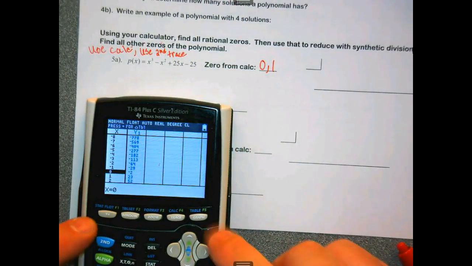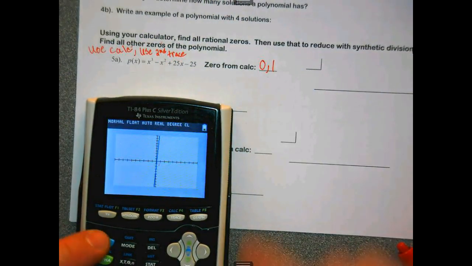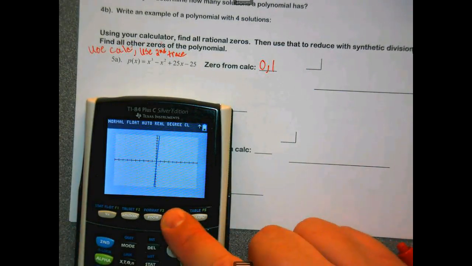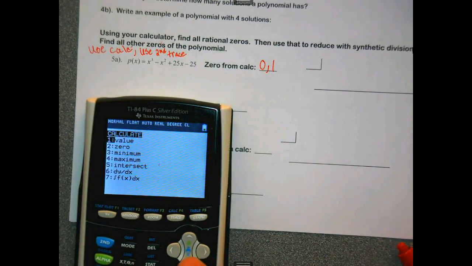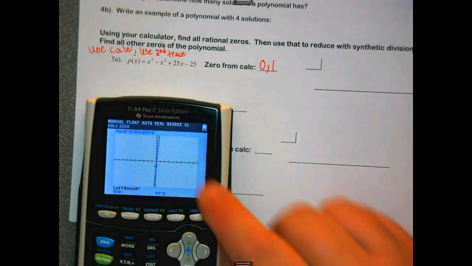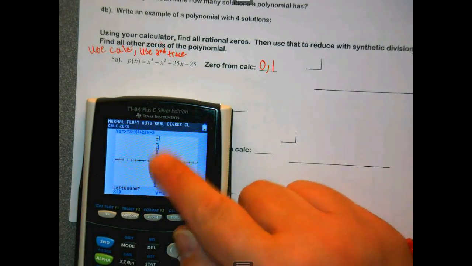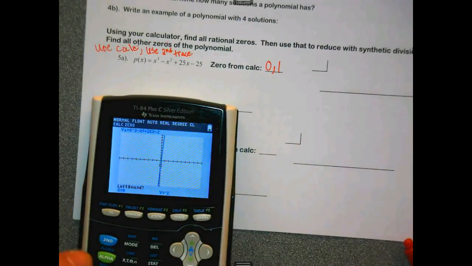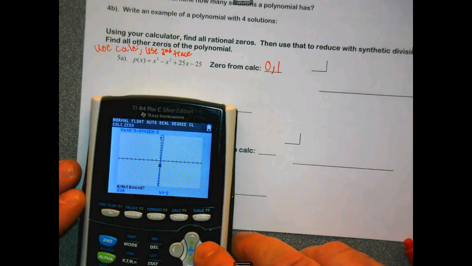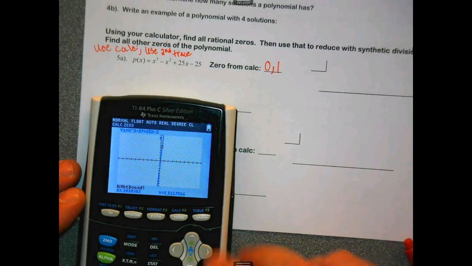I'm going to go back to my graph. Second trace, I need to find my 0. Enter. I'm to the left of my 0. I can hit enter. I got to get above the x-axis for the other right bound. Hit 0, and then hit 0 again.